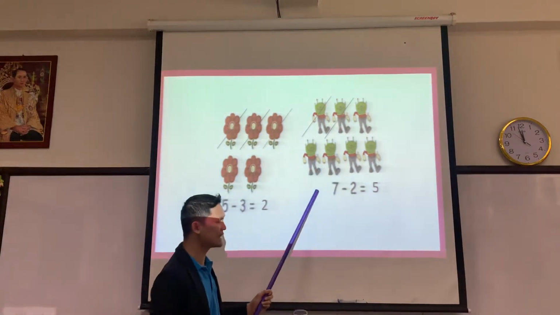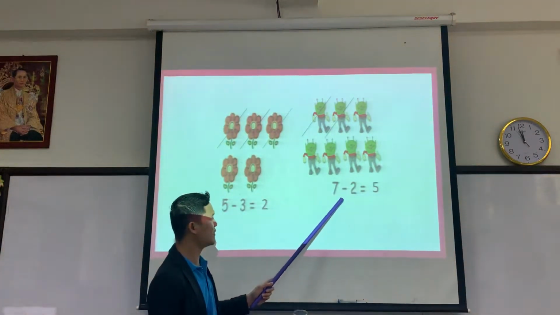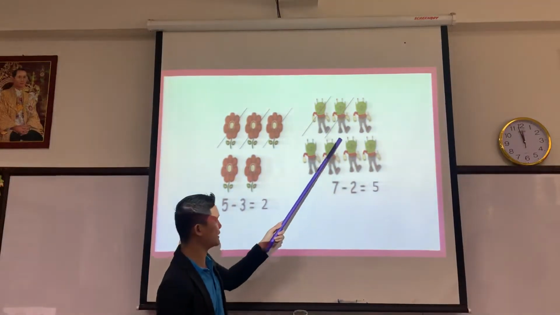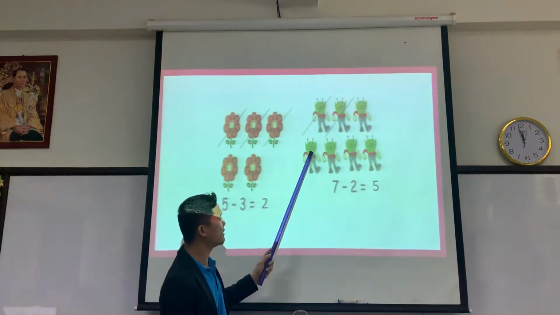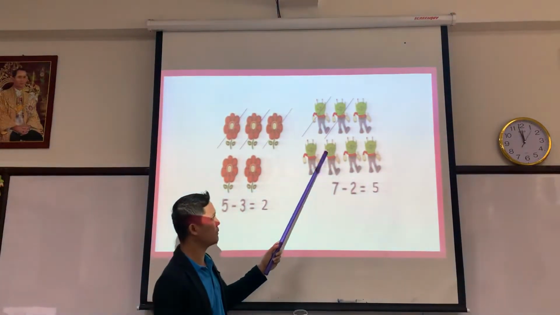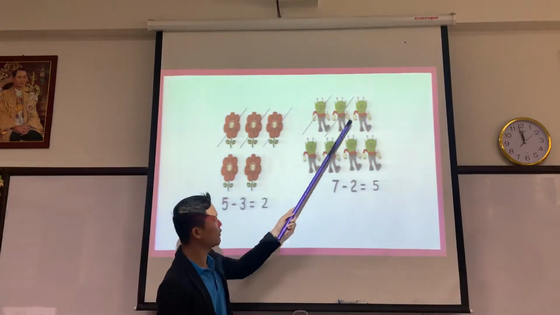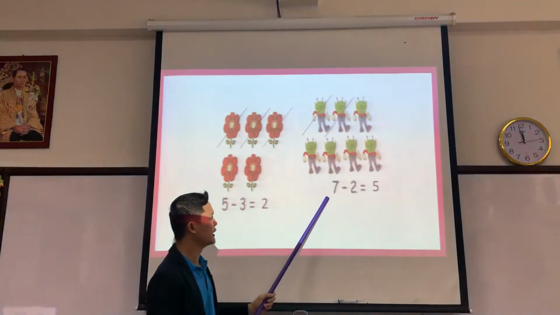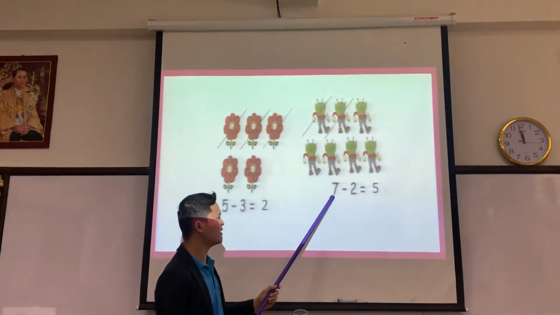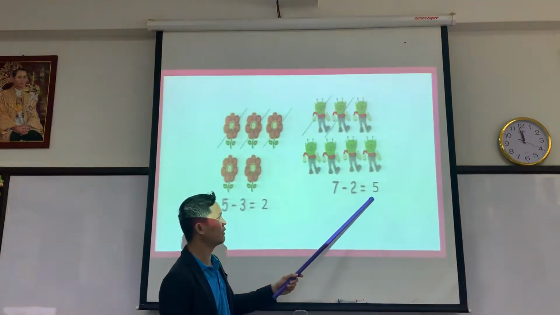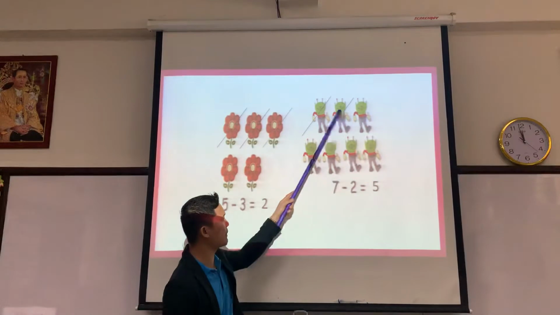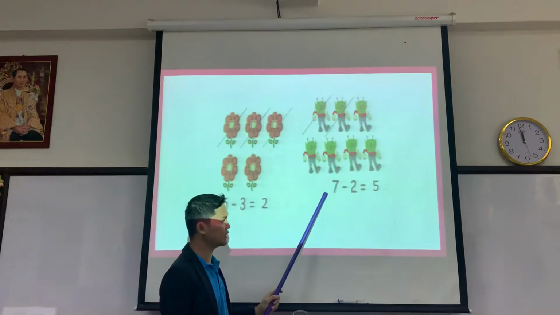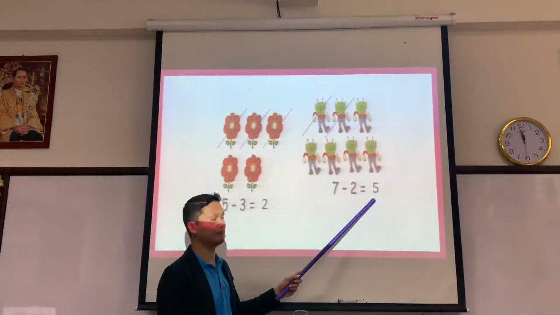If we write the number sentence as 7 minus 2, meaning we take 2 puppets, how many are left? We count 1, 2, 3, 4, 5. So 7 minus 2 equals 5.